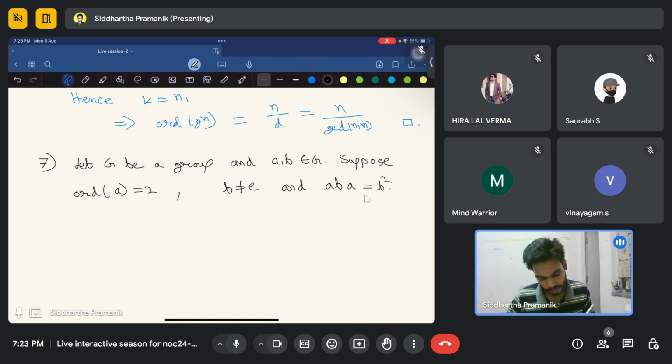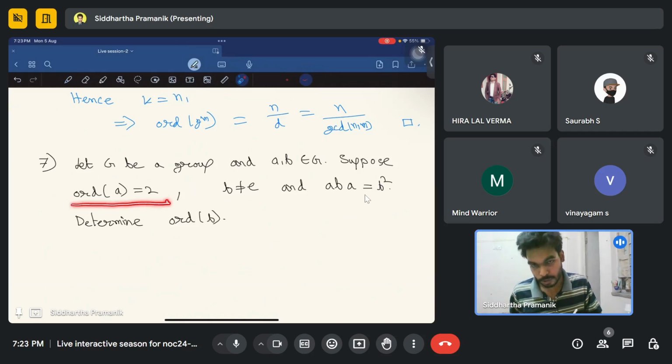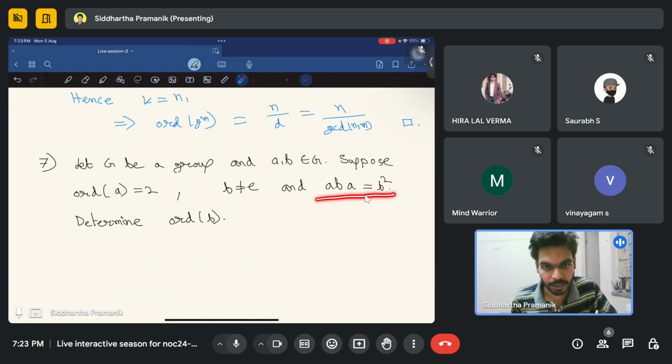So then the problem is you need to determine order of the element B. So order of A is 2, B is a non-identity element. They satisfy this relation ABA equals B square. So you need to determine order of B. So you just quickly try for a few seconds.